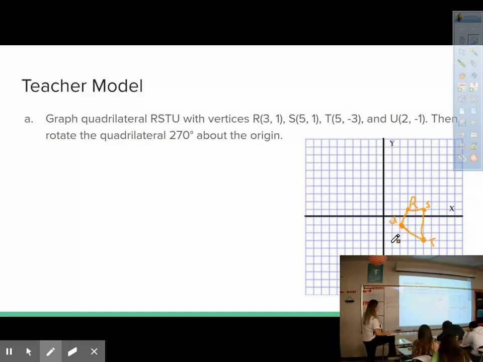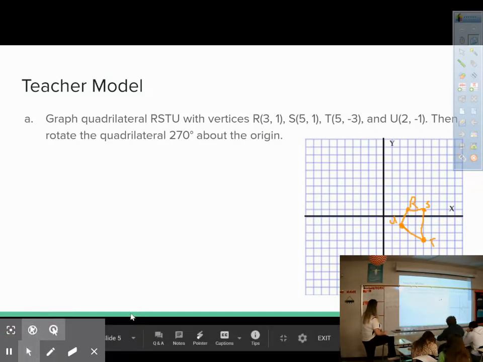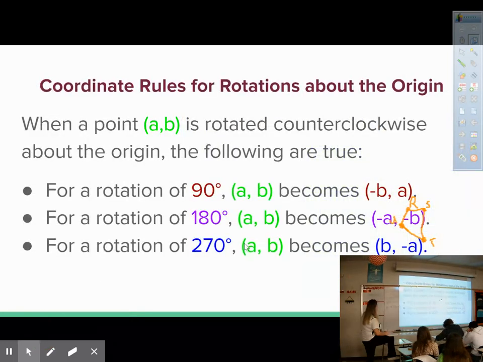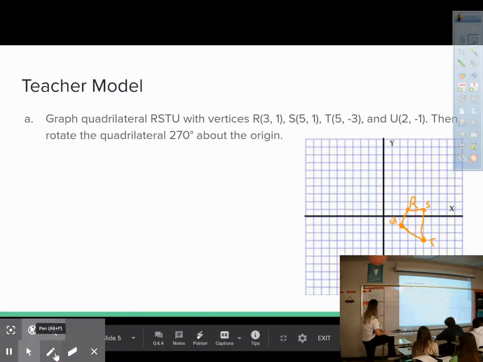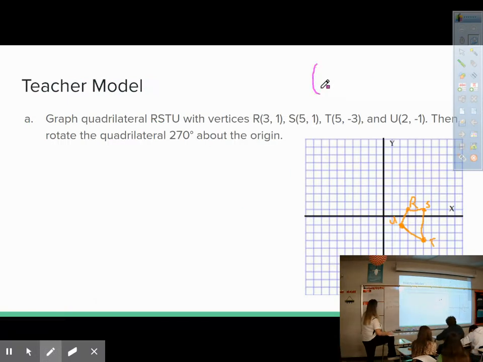All right, so now I need to go back and remember what that rule is since we have so many. For 270, it's (b, opposite of a). So I'm going to write that down, (b, opposite of a).